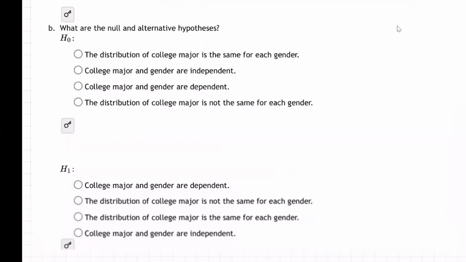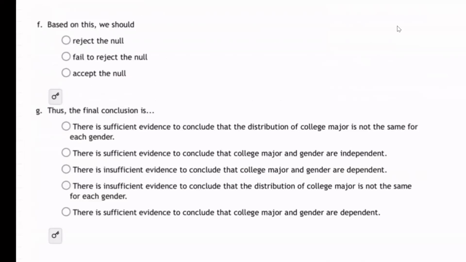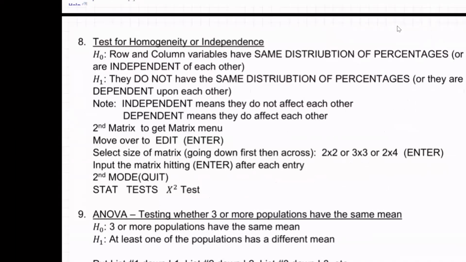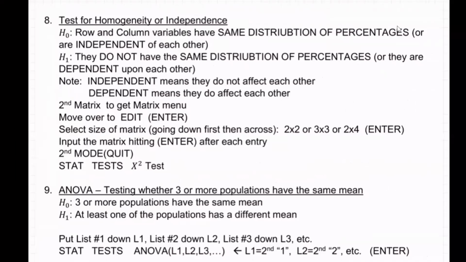Let's look at the notes real quick. As you look at the notes, oops, there it is on this material, you're going to see that it's a test for independence. How do I know that? Well, associated.